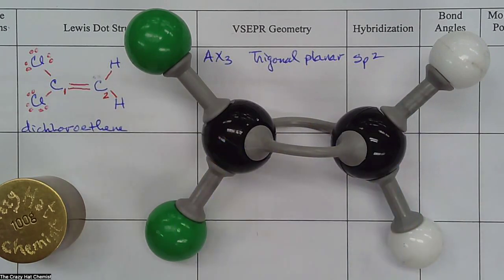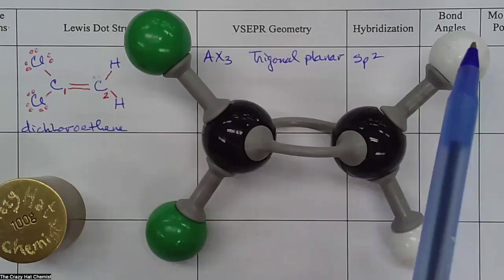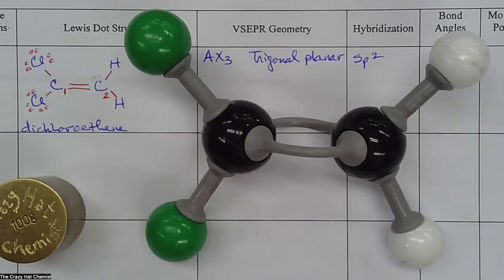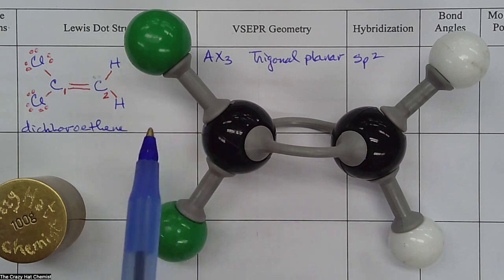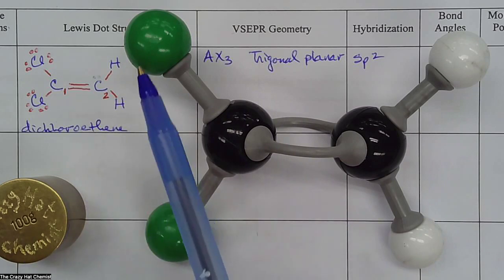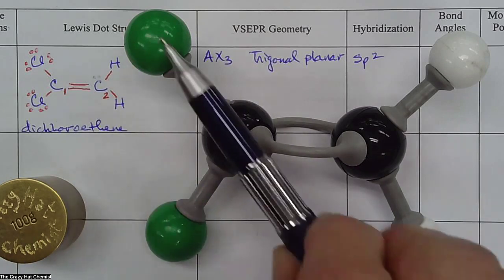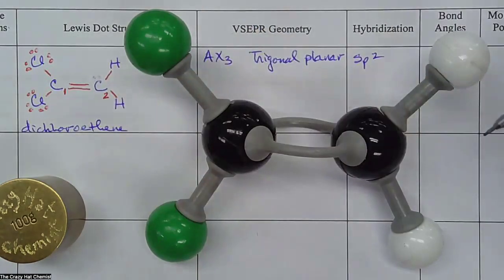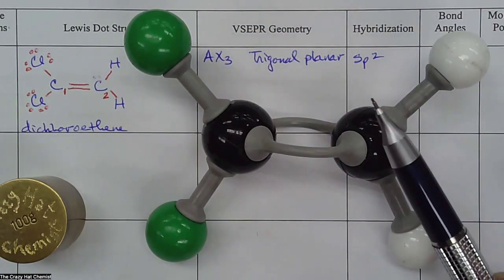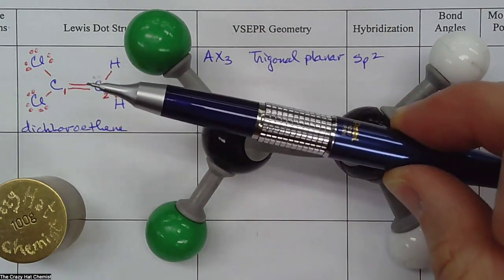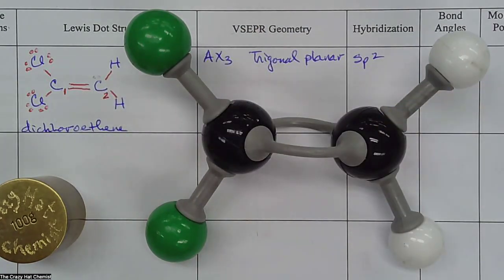These black ones are the carbons, these green things are the chlorines, and these white things are the hydrogens. Looking good so far. Chlorine is most certainly more electronegative than carbon, so the bond polarity, and the molecular polarity, goes in that direction. That means this is a polar molecule.